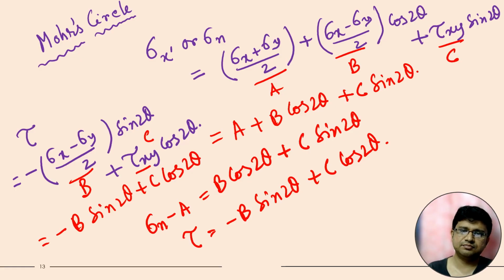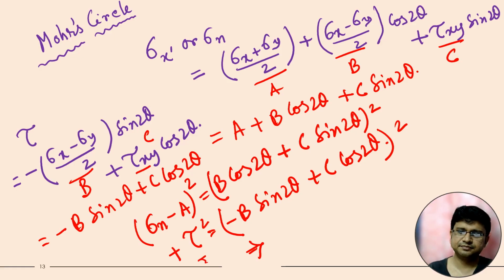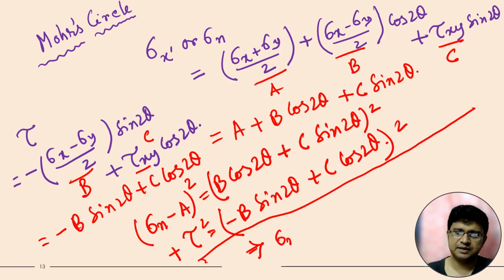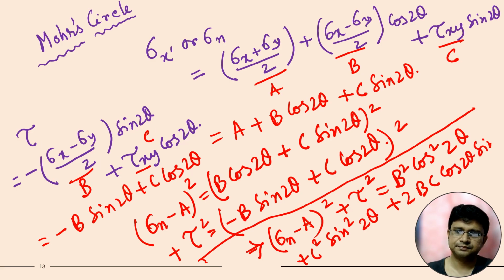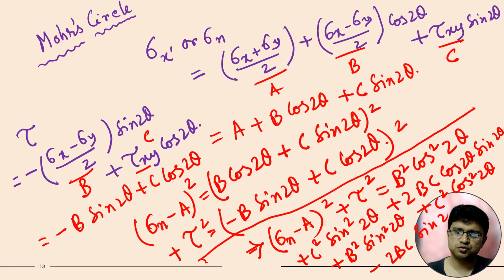Now if we square both terms and sum them, it will look like this: sigma n minus A whole square plus tau square equals B square cos square 2 theta plus C square sin square 2 theta, then 2BC cos 2 theta sin 2 theta, then plus B square sin square 2 theta plus C square cos square 2 theta minus 2BC sin 2 theta cos 2 theta.